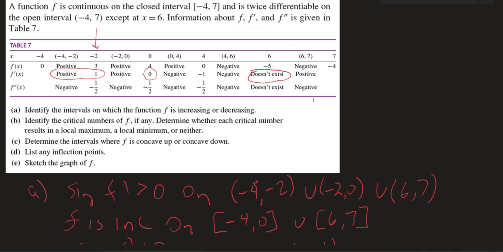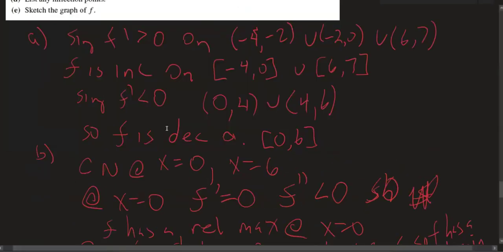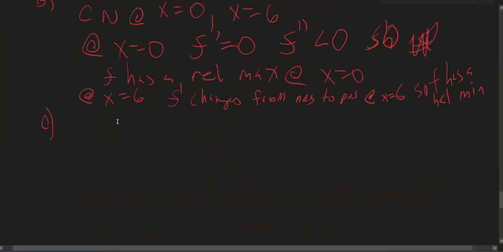So the function is always concave down, except at x equals 6, because the second derivative doesn't exist there. So f double prime is negative on the intervals -4 to 6 and 6 to 7.